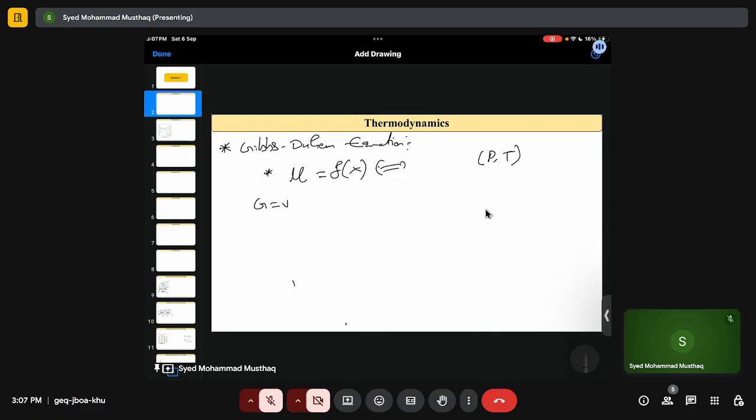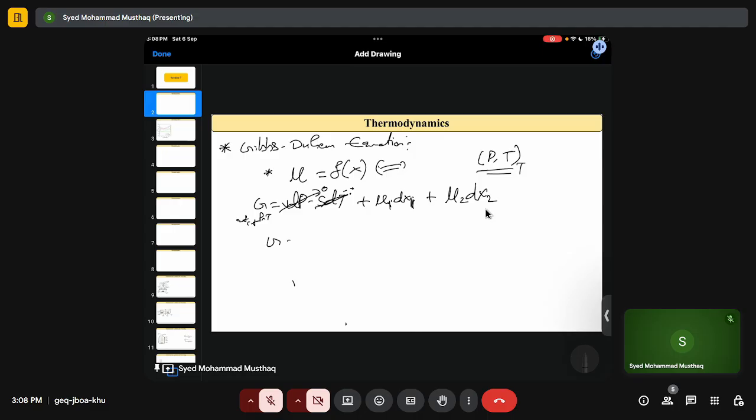So my V dP and S dT are 0, because the temperature and pressure are constant. Plus my chemical potential of i, mu1 dx1 plus mu2 dx2. Okay, so this is my equation.